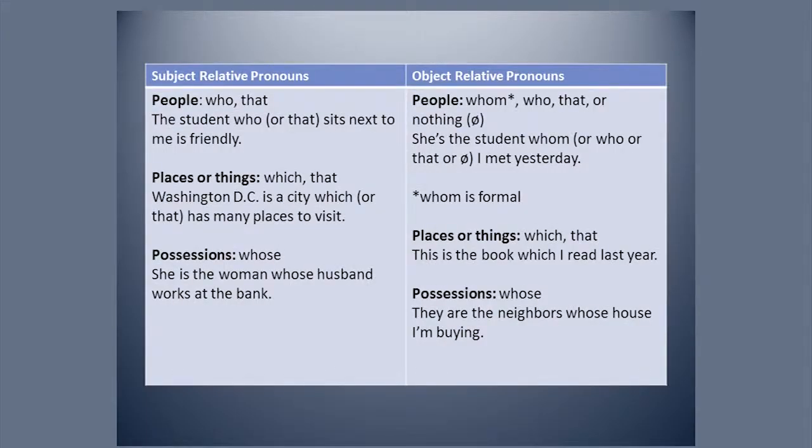For people, you can use whom, who, that, or nothing at all. So I can say, "She is the student whom I met yesterday," or "She is the student who I met yesterday," or "She is the student that I met yesterday," or "She is the student I met yesterday."